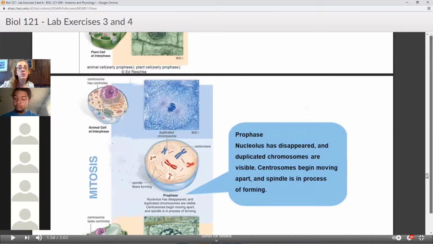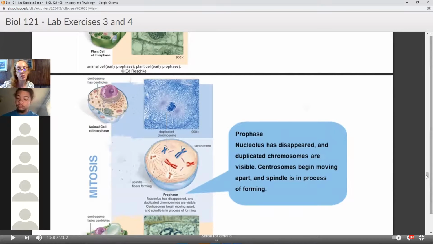In prophase, the nucleolus, which contains the assembly site for the ribosomes, has disappeared in the nucleus, and the duplicated chromosomes are visible. The centrosomes begin moving apart, and the spindle is in the process of forming.